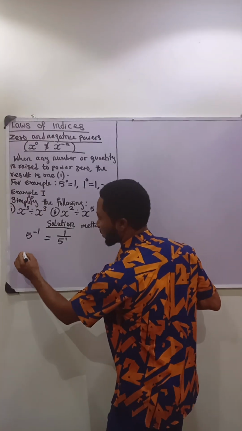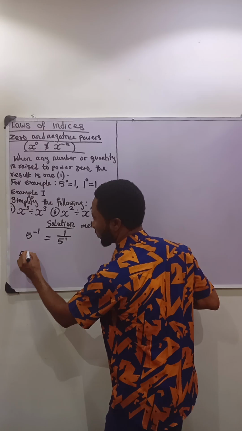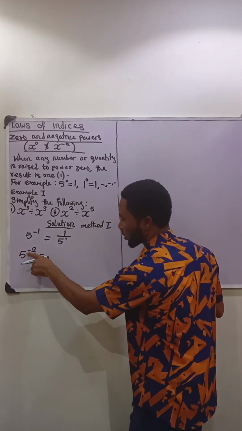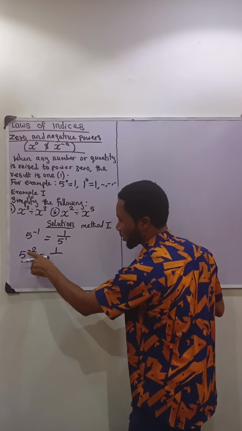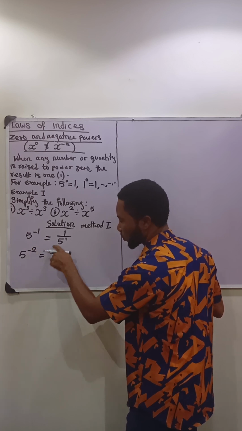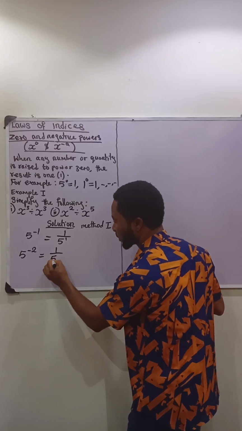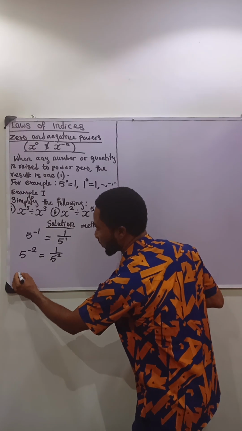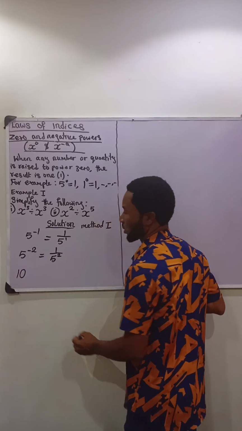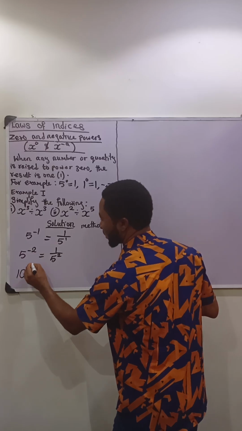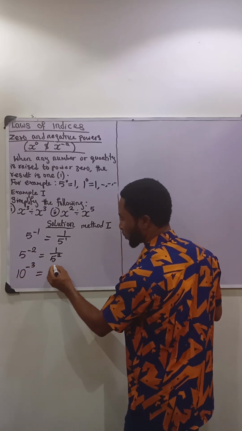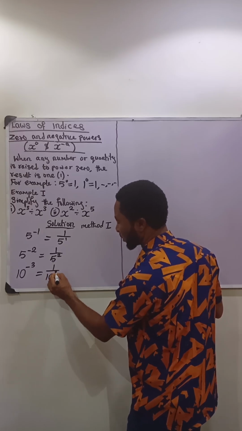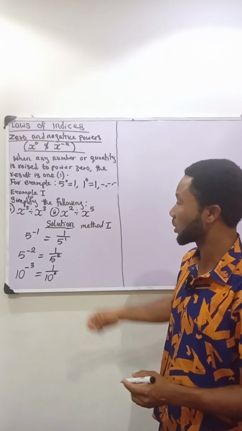When you have 5 raised to the power of minus 2, it is the same thing with 1 over 5 raised to the power of 2. Last example here, we have maybe 10 raised to the power of minus 3. It is the same thing with 1 over 10 raised to the power of 3. Hope you understand this explanation.